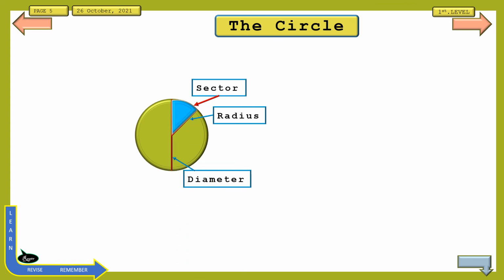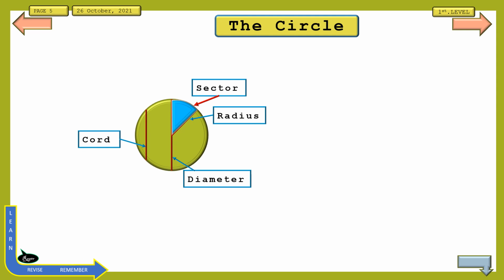A sector is an area of a circle that is enclosed by two radiuses or two radii. A chord will join 2 points on the circumference, but it does not go through the center.